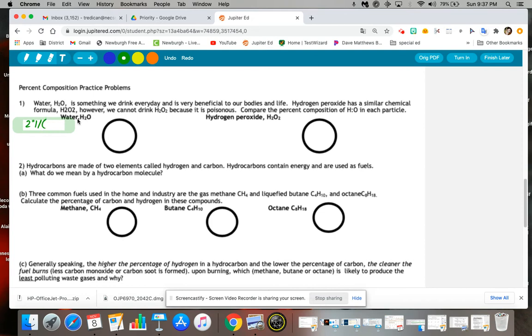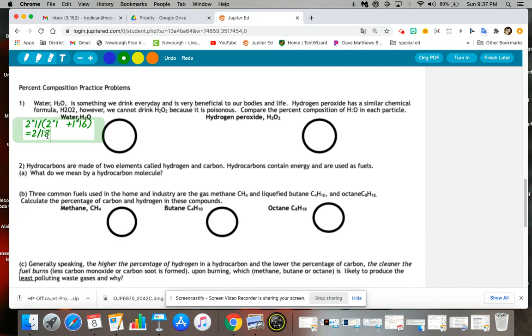Well, water is made of the 2 hydrogens, which is 2, 2 times 1 if you want to be specific, plus an oxygen. We have 1 oxygen, and oxygen's mass is 16. So just to shorthand that, we have 2 for the hydrogen out of the whole thing, which is 18. That's 2 plus 16, which is 18.